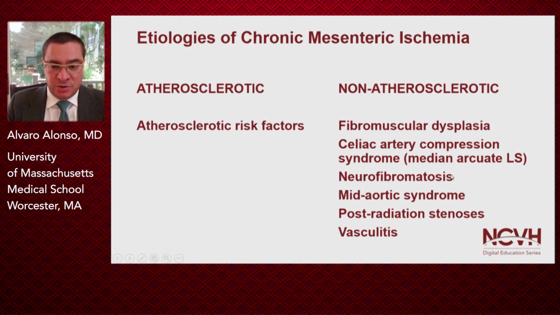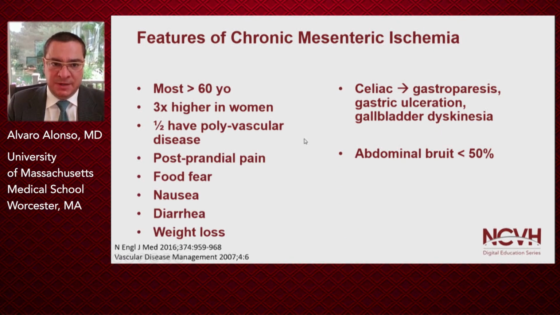Patients with neurofibromatosis may also have mesenteric ischemia. Also people who have mid-aortic syndrome, which is a diffuse stenosis of the mid-aorta. Patients with radiation injury can develop stenosis of the aorta or its other vessels, or patients with vasculitis. And all of these can also have chronic mesenteric ischemia.